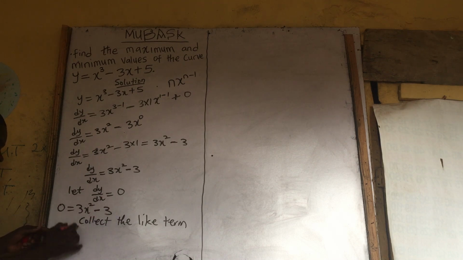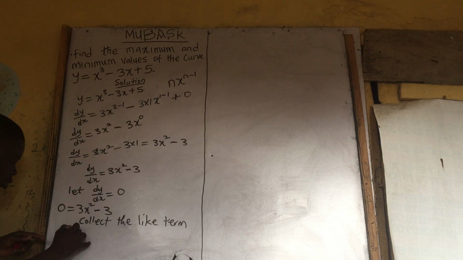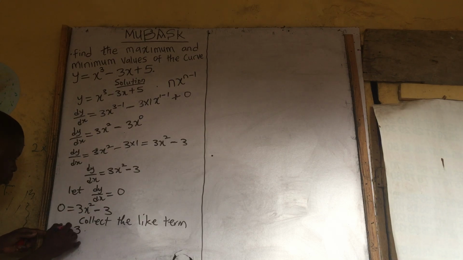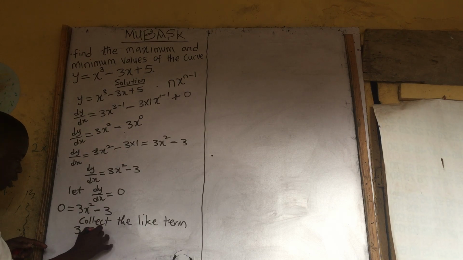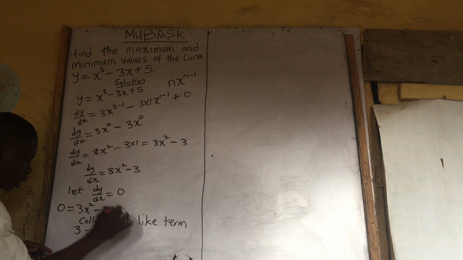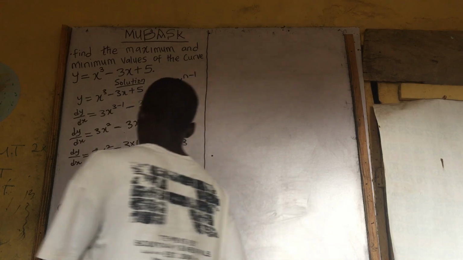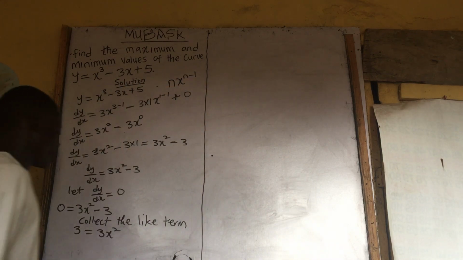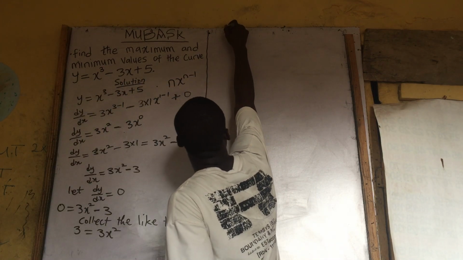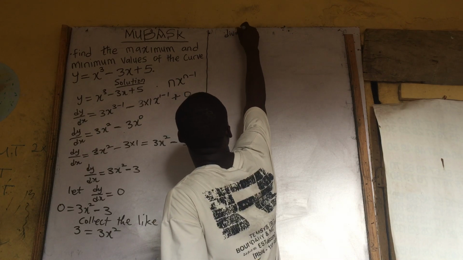The minus 3 comes over to make the left side 0, so it changes to positive: plus 3 equals 3x squared. So let us divide both sides by 3.